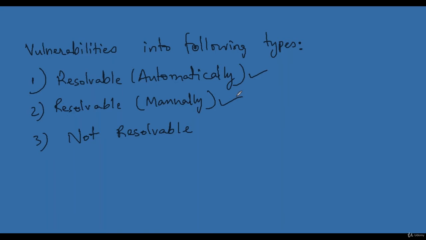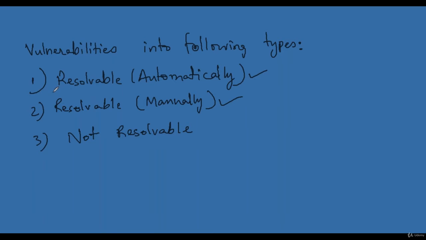In resolvable manually, the vulnerability can be mitigated, but you might require some changes in your security policy, which the administrator has to take care of, or maybe some changes with respect to your LTM objects, like creating an iRule or creating a certificate. And if the vulnerability is not resolvable, it will show as not resolvable. The vulnerability cannot be mitigated by ASM.